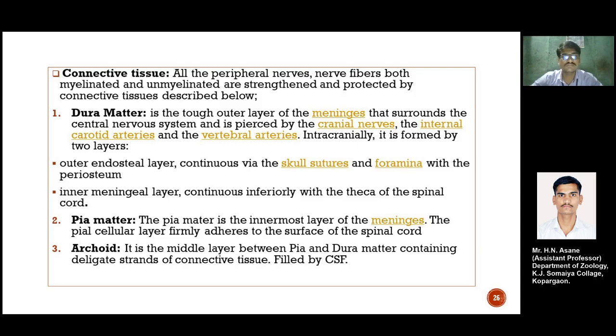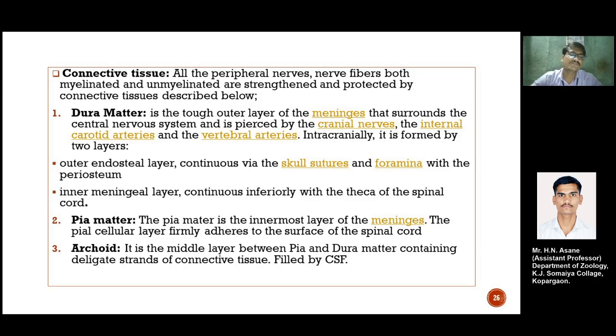These are mainly three types. What we all know about these connective tissues is that they are supporting and providing strength to the nervous tissues as well as the nerve fibers.